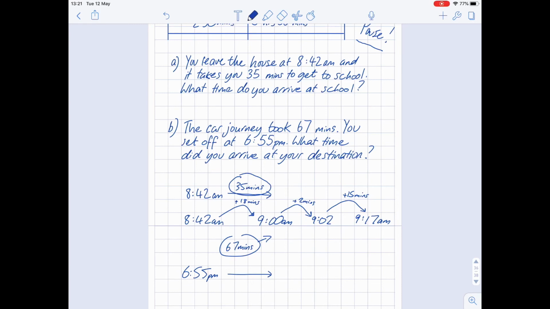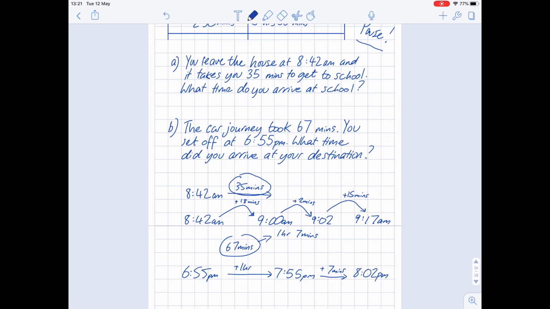We know that there's 60 minutes in an hour, so that would be 1 hour and 7 minutes. So I'm going to add on the 1 hour, first of all, and I'm at 7:55 p.m. And then I'm going to add on the 7 minutes. So I've gone 2 jumps, haven't I? 1 hour and 7 minutes. And I'm at 8:02 p.m.